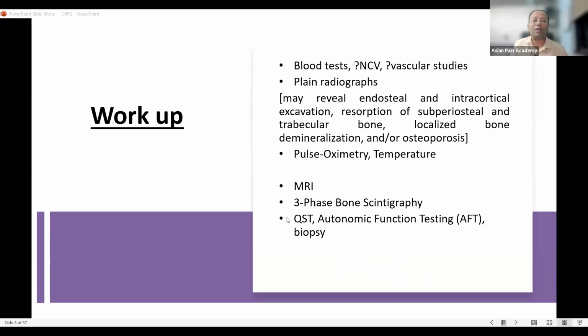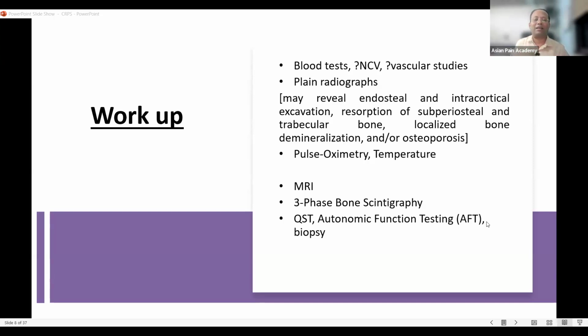So by quantitative sensory testing, we can see the different fibers. NCV investigates the sensory fibers together, but with QST you can see different fibers directly. That investigation can be done, but it is usually done in an experimental setup.